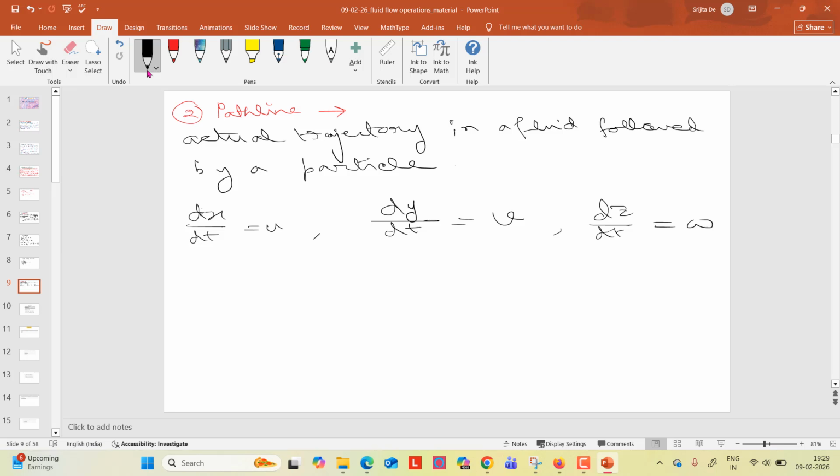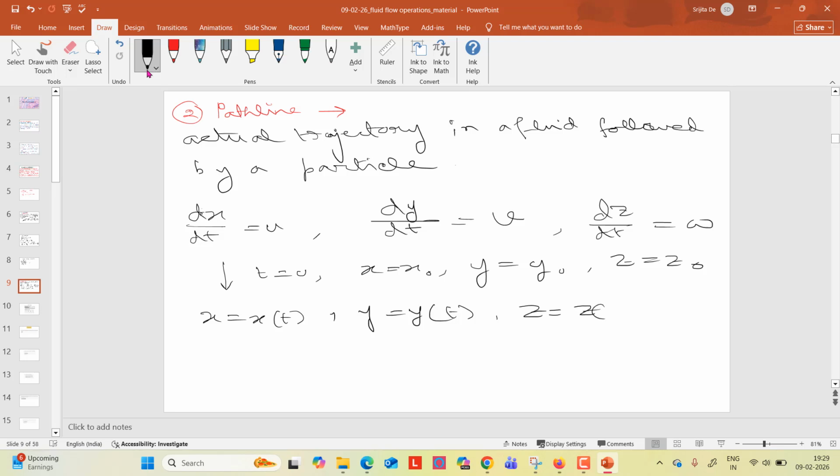So at t equals to 0, x at x0, y at y0, and z at z0, right? So you can understand that x is a function of time, y is also a function of time, z is also a function of time.